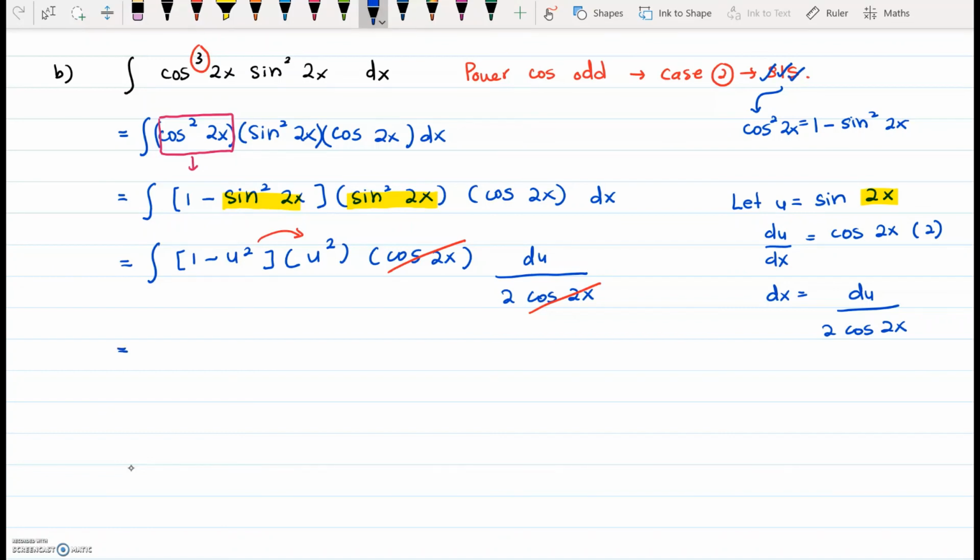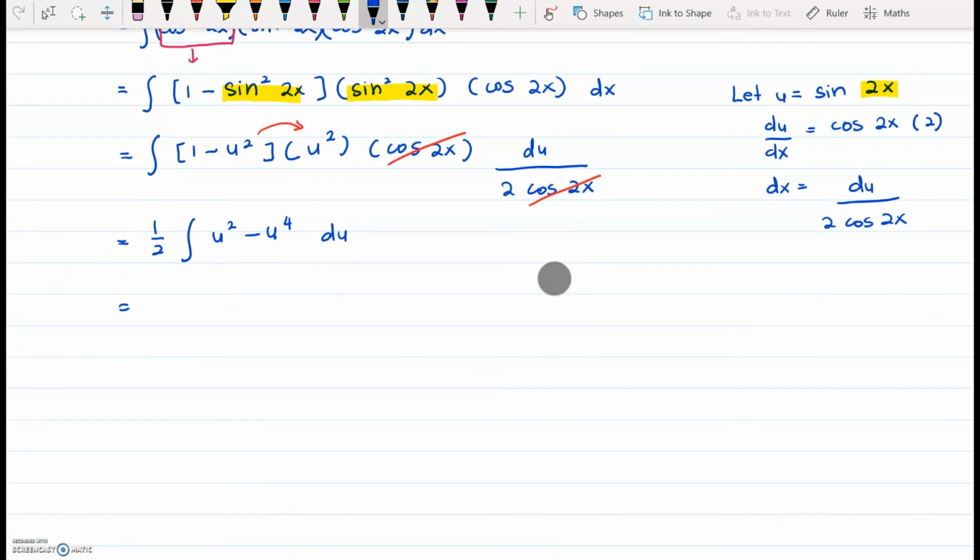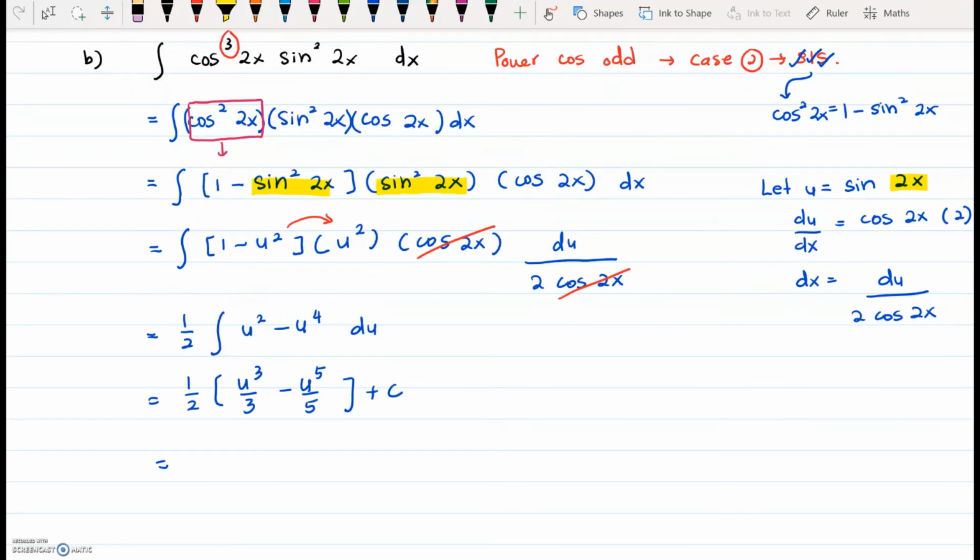Now we will have 1 over 2, integration of, and when you expand, you will get u squared minus u power 4 du. Now you can integrate as usual. It will be 1 over 2, and then u power 3 over 3 minus u to the power of 5 over 5 plus c. Lastly, don't forget to replace your u with sine 2x.